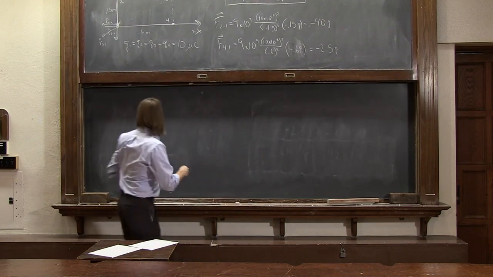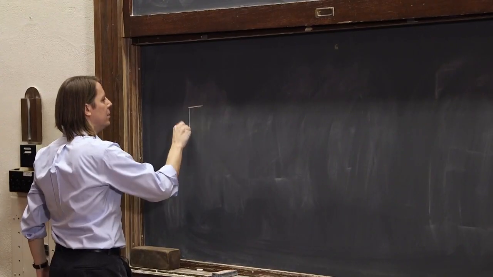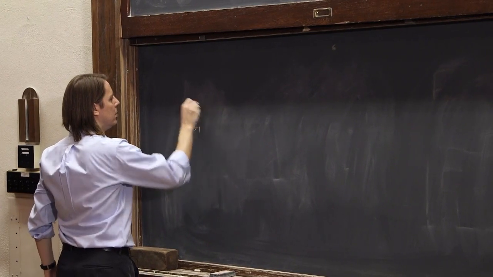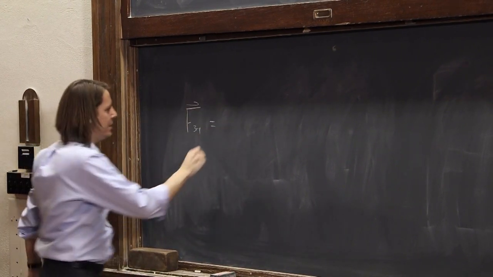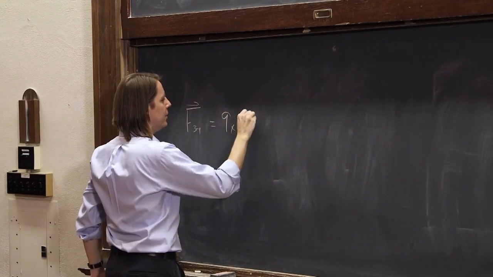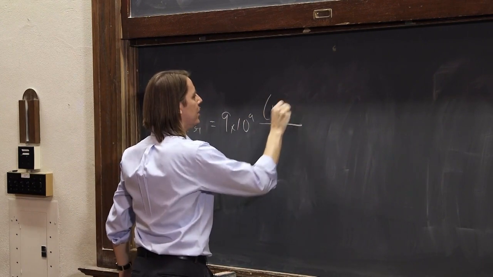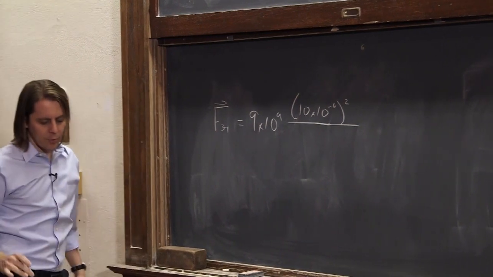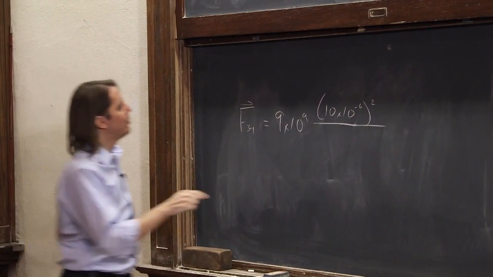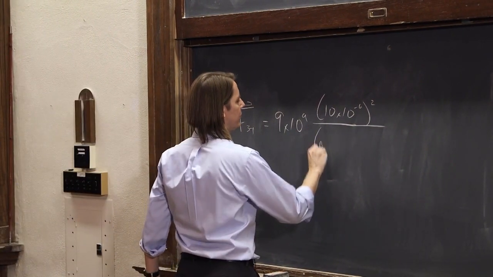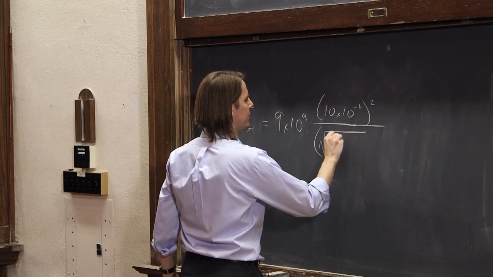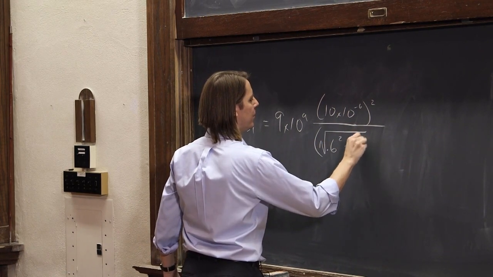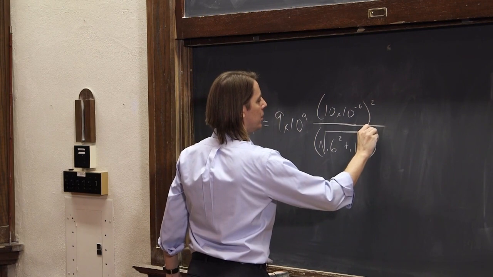Let's see, F31. That would be kE, 9 times 10 to the 9, times 10 times 10 to the minus 6 squared over the separation. Remember the separation was the square root of 0.6 squared plus 0.15 squared.